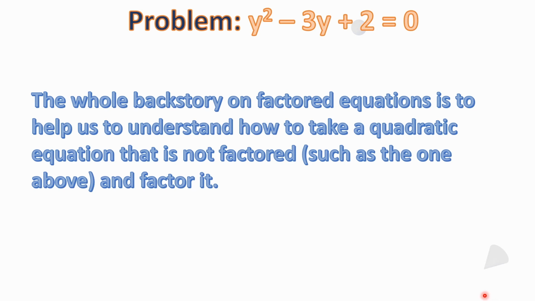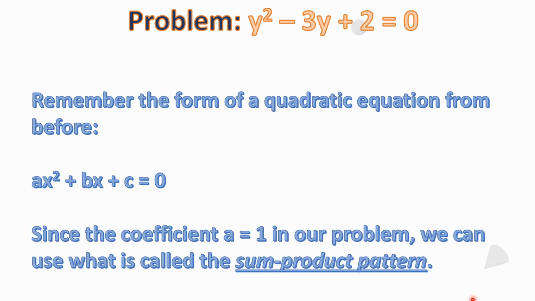So to get back to what our original problem was, this whole backstory on factored equations is to help us understand how to take a quadratic equation that is not factored, such as the one above here, and factor it. That's what we want to do. We're going to try to solve it by factoring it and see what our solutions are.